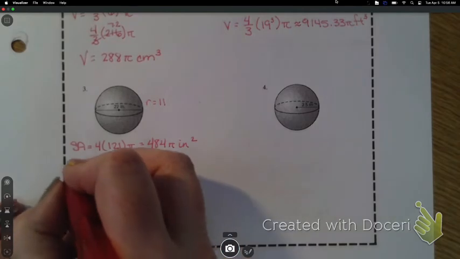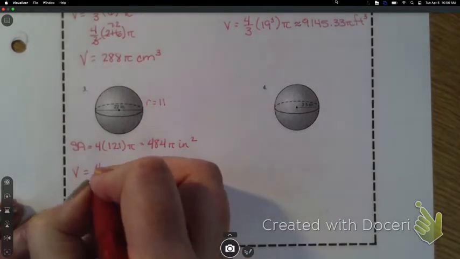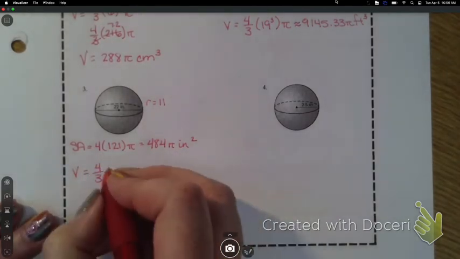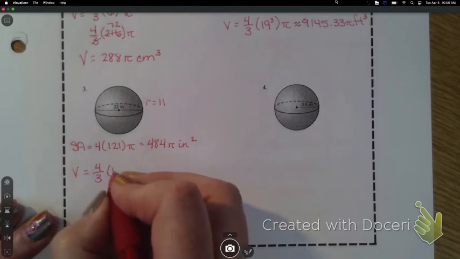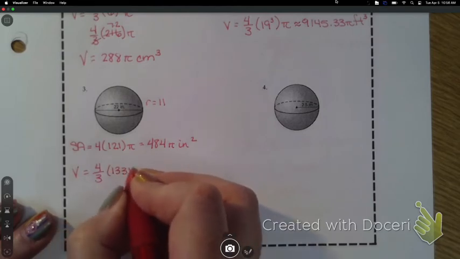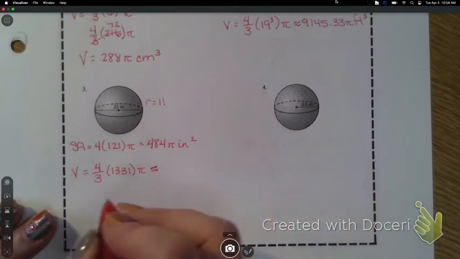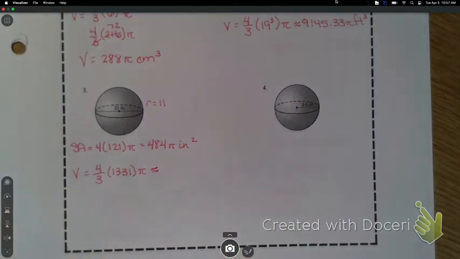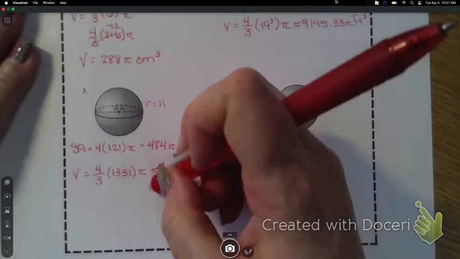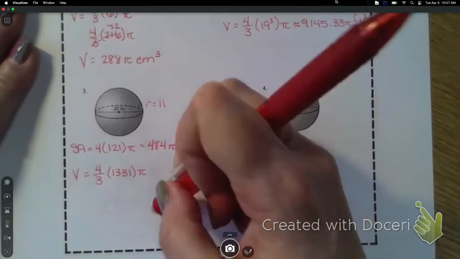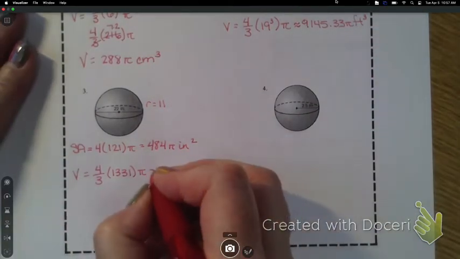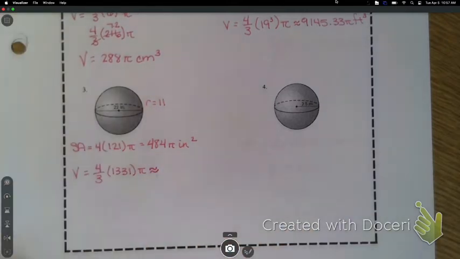Okay, so volume is 4/3 times 11 cubed, which is 1,331 pi. And 3 does not go into 1,331. How do I know that? Because the digits add up to 8, and 3 does not go into 8.